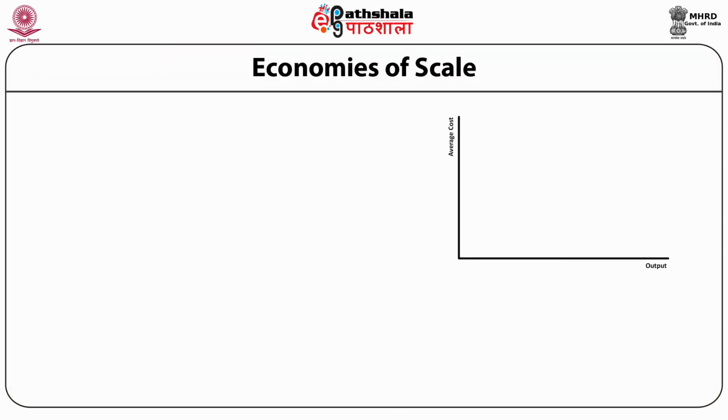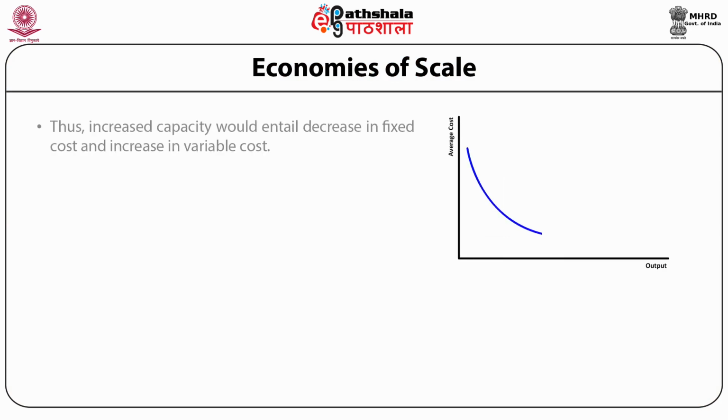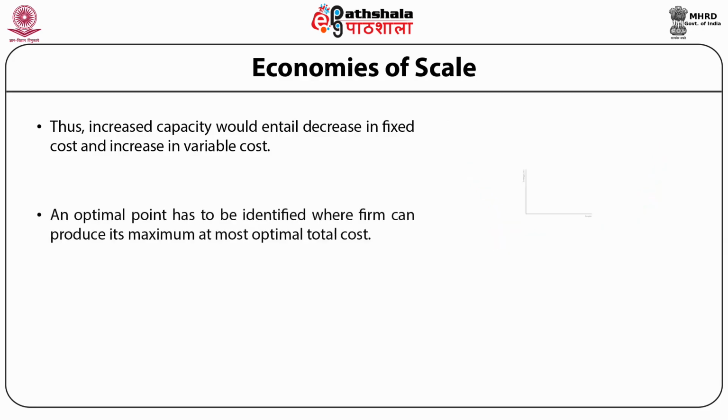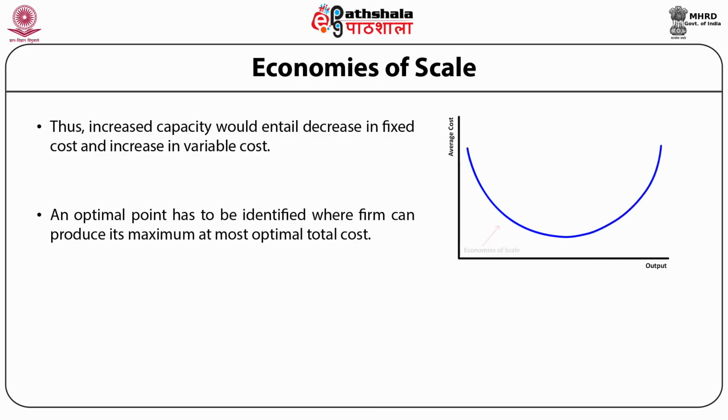Economies of scale. Thus, increased capacity would entail a decrease in fixed cost and an increase in variable cost. An optimal point has to be identified where the firm can produce its maximum at the most optimal total cost.